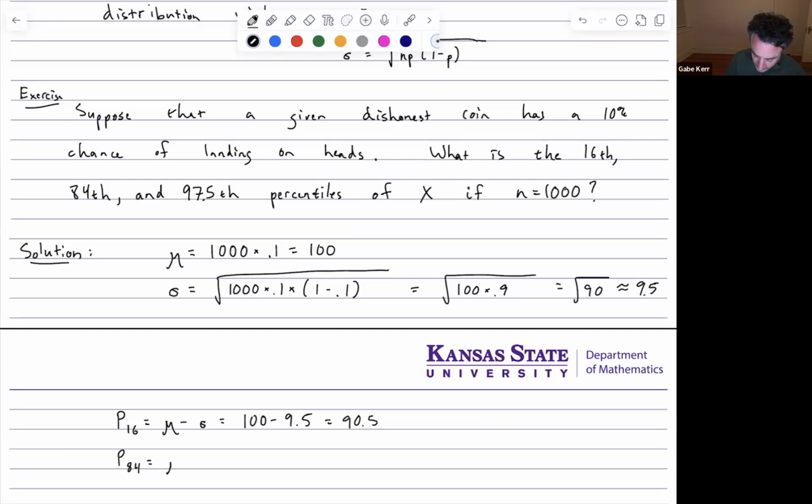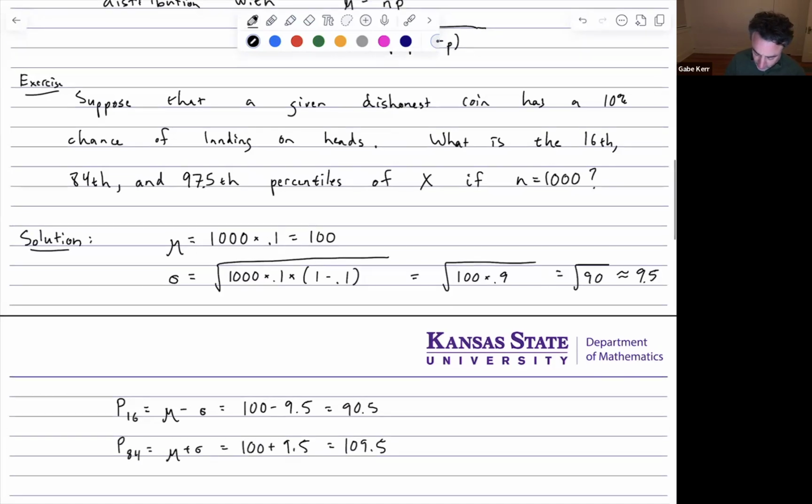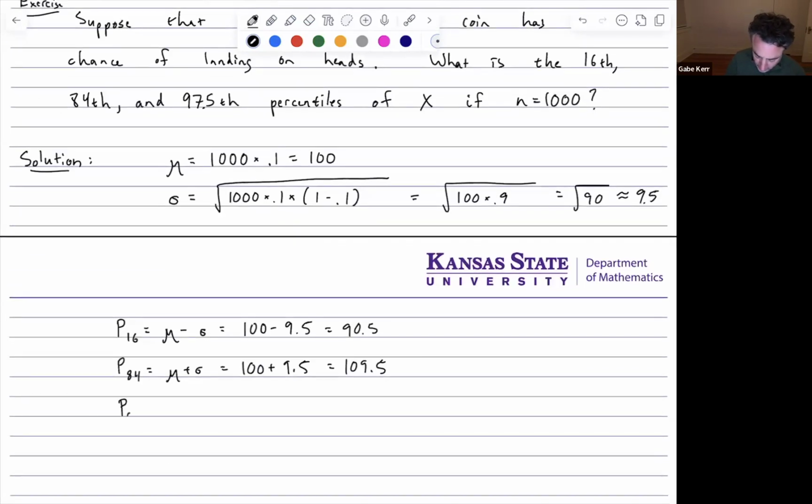P84, on the other hand, we add sigma. That's 100 plus 9.5, or 109.5. And then finally, the 97.5th percentile is we're adding 2 times sigma, which is 100 plus 19, or 119.